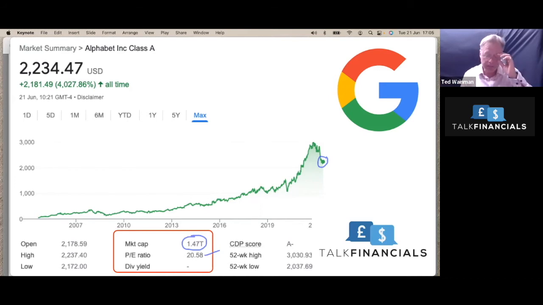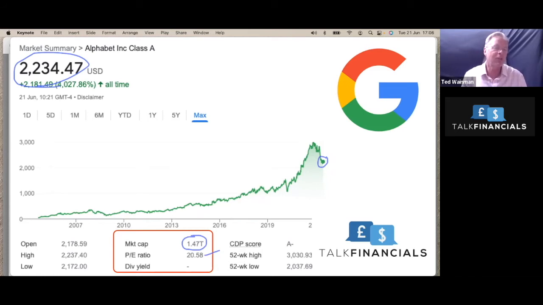Now, final thing, Moeed talking about this share split. Look in the top left-hand corner, and you will see the value of a share. That is quite a lot. So in effect, rather than having to pay $2,234 per share, if you own one share worth $2,234, they're going to take that share away from you and give you 20 shares worth 1/20th.